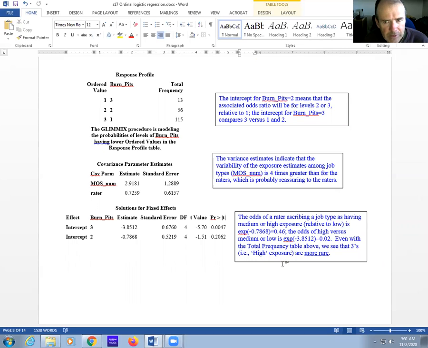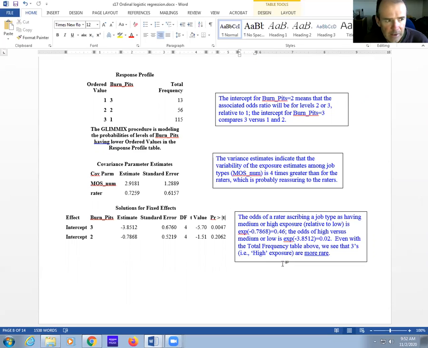What I am mostly concerned about, I think I may have mentioned this before, you can do tests of significance for covariance parameters, and I typically don't do that. What I'm focused on more is, does that source contribute to the variance of the model, and does it improve the model fit?